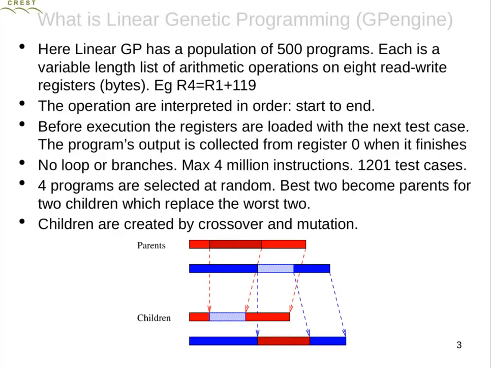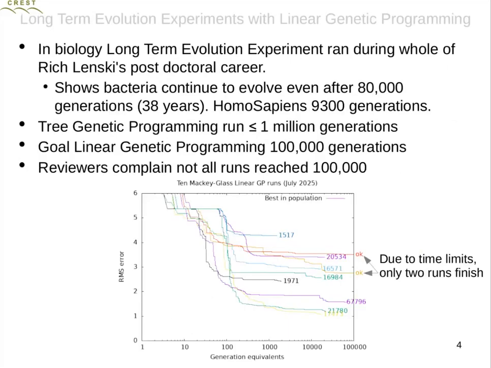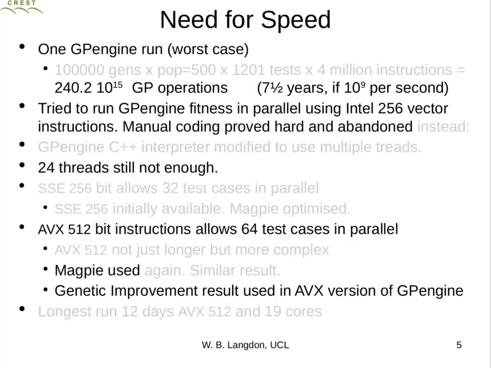I'm going to skip past the stuff about linear GP and concentrate on why we need speed. Essentially, for the full GP run, we want 100,000 generations. We're looking at well in excess of 240 times 10 to the 15 GP operations.